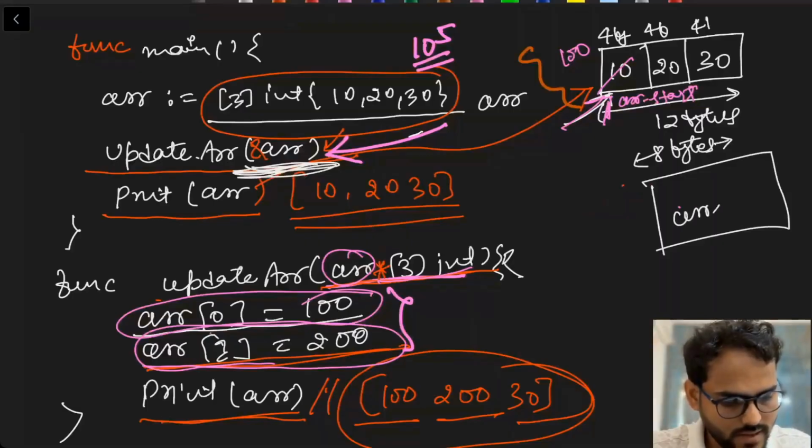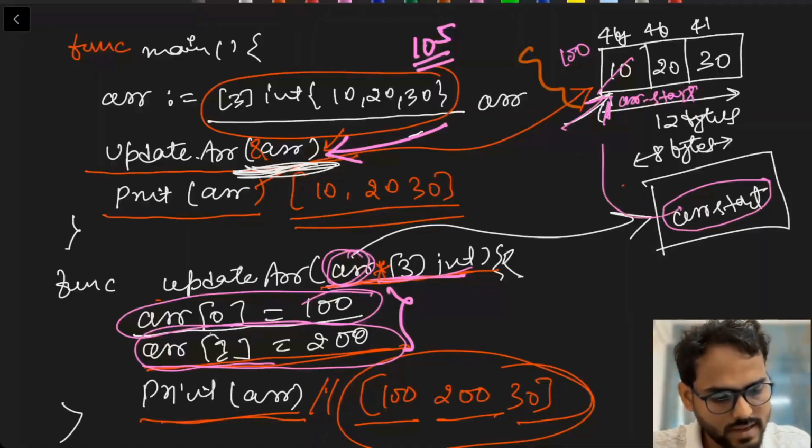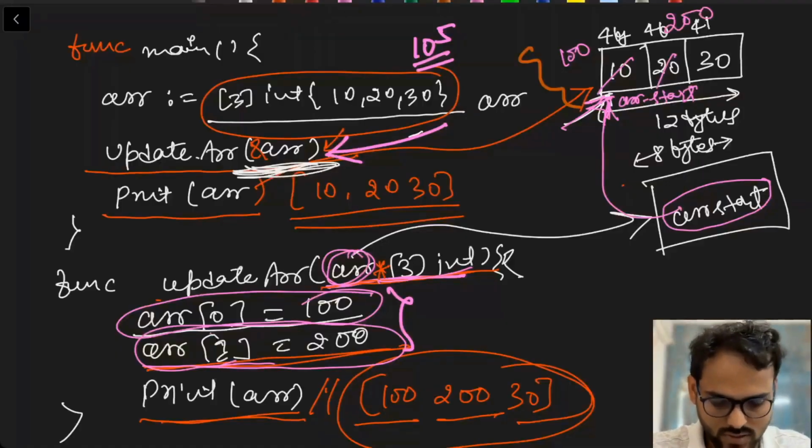Here we'll have array start, and this is pointing here. So for this second statement, what happens is it will go to the memory location stored in this array, so basically here, and then it will update the first index. So here instead of 20 we'll have 200. So this is how it works internally.